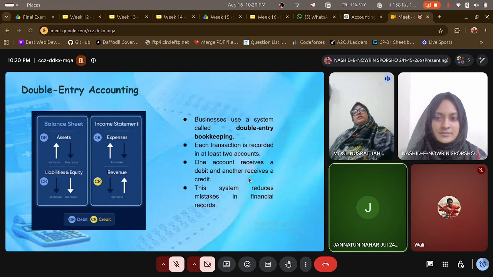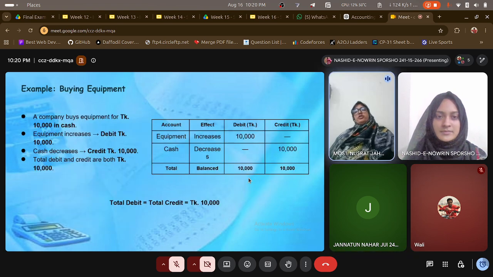Assalamu alaikum everyone. My name is Nusrat Jahan, ID 241153224. Now I am going to explain an example of buying equipment and how debit and credit work in this transaction. Suppose a company purchases equipment for taka 10,000 in cash. When the company buys it, the equipment becomes an asset of the company.